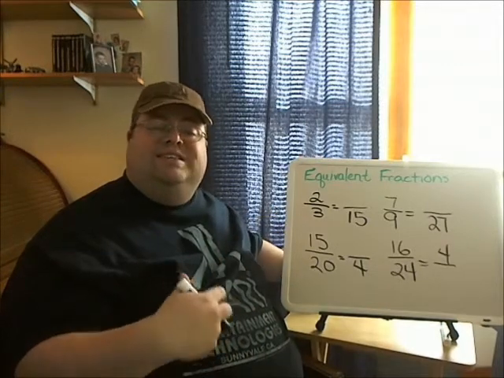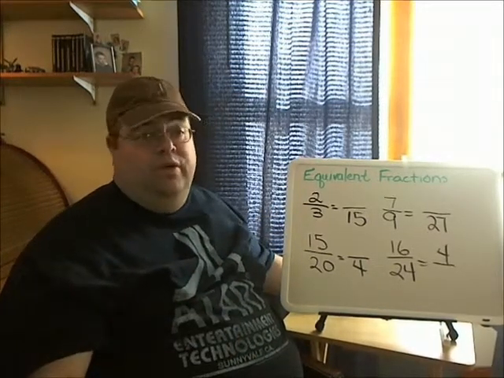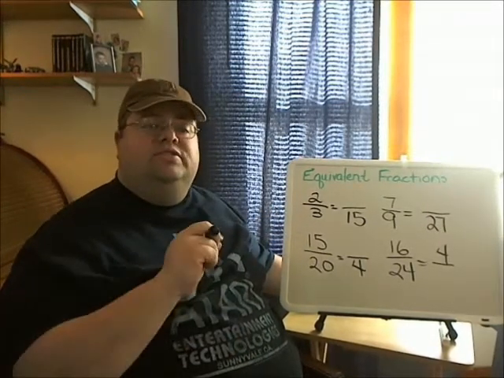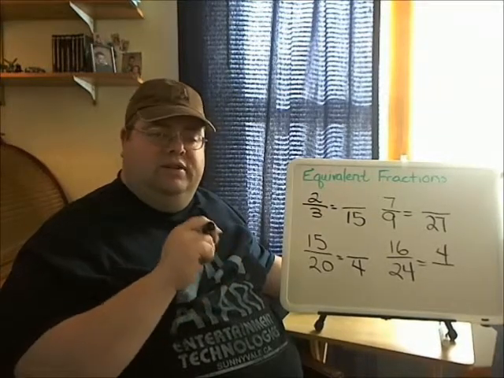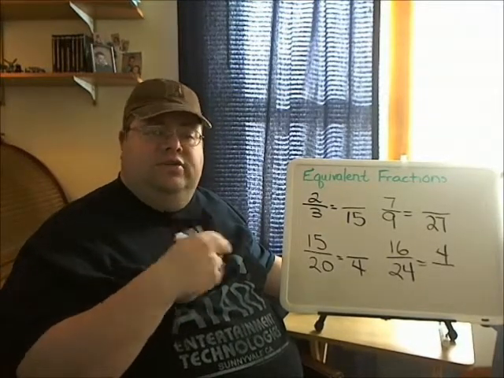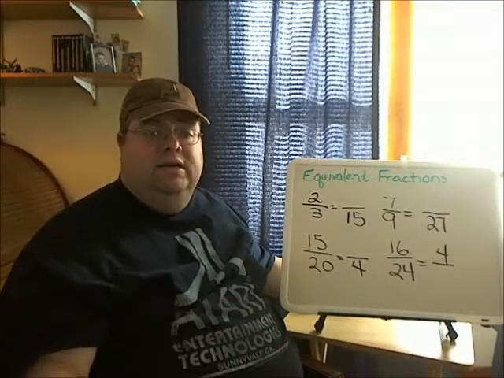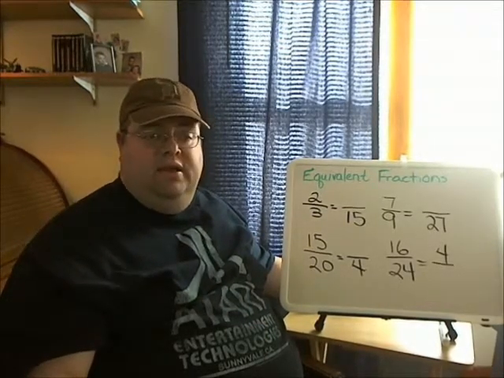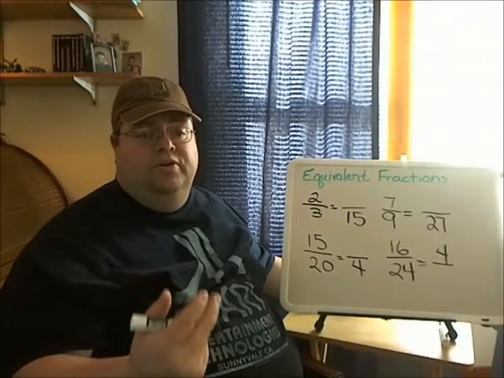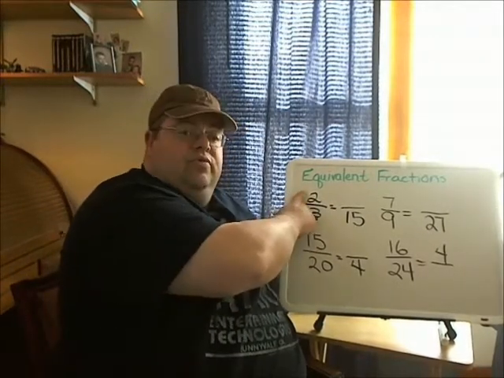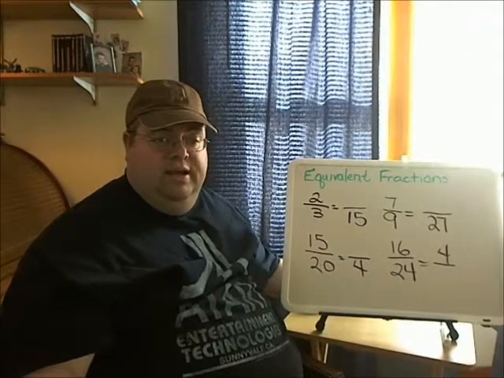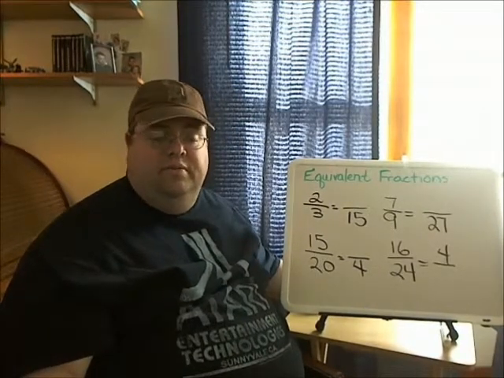Now, say this had said 16, then we have a problem, because there is no factor times 3 that will give me 16. That would not be making an equivalent fraction, and you put yourself in danger of not getting your original 2 parts you wanted to get. So we're going to 15 parts.